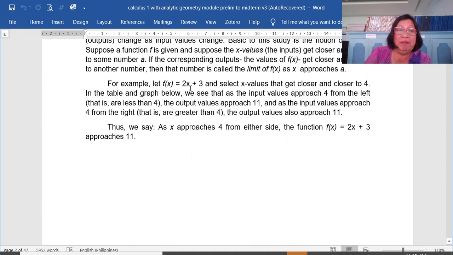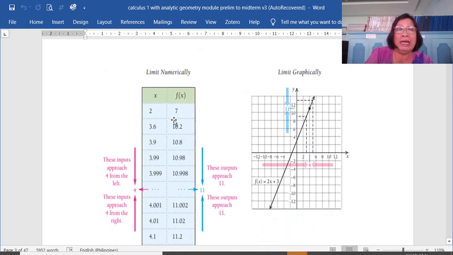And we have the value of x, that is 3.6. You will substitute this to the linear function, 2 times 3.6 plus 3. That will yield the value of y, which is denoted as f of x, which is equivalent to 10.2. And to continue, you're going to set the value of x as 3.9.